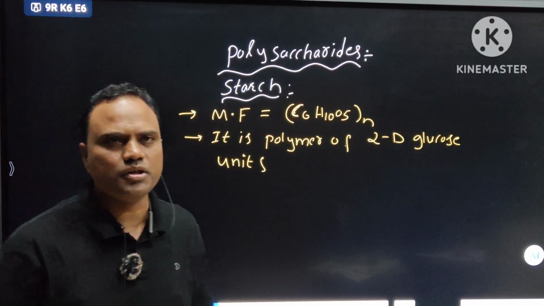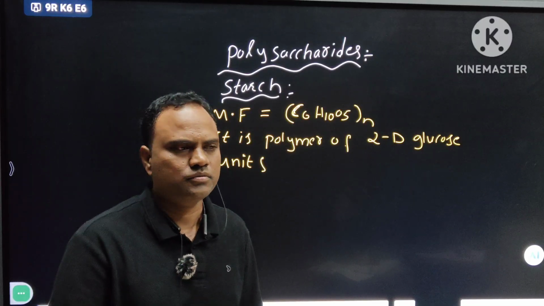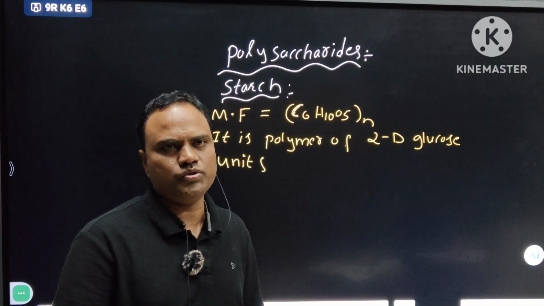Polymer means it is a macromolecule composed of a number of monomers, right? Starch is a polymer of alpha D glucose.